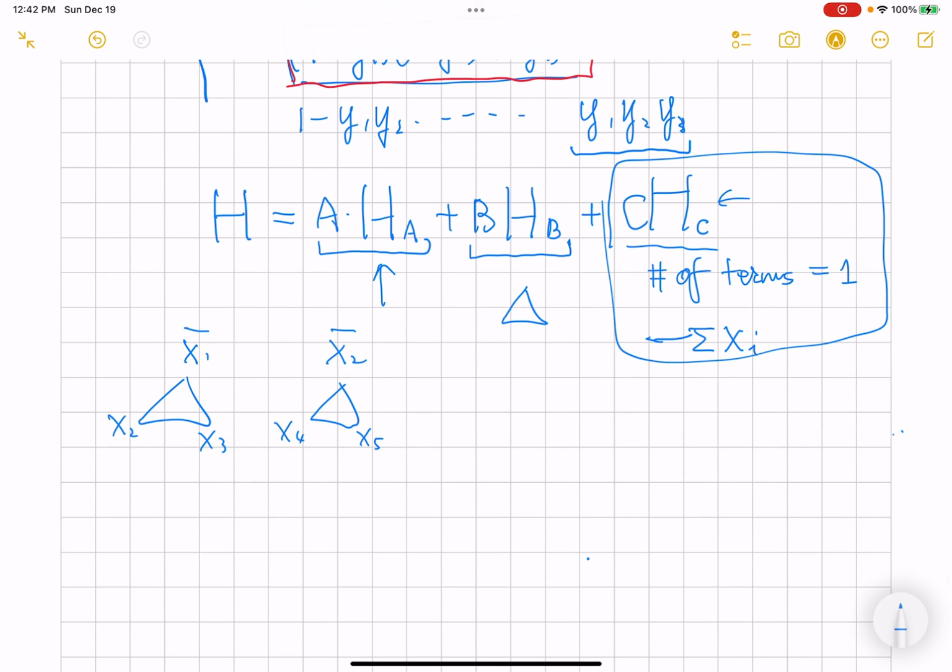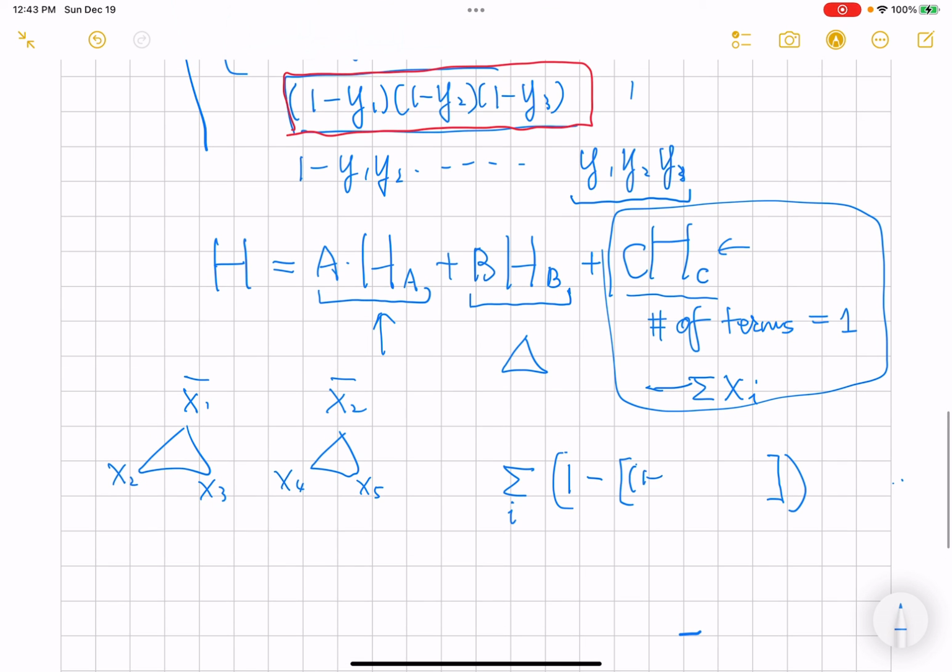So we want to minimize this term, 1 minus this thing, for all i. And this thing is 1 minus y_i1 times 1 minus y_i2 times 1 minus y_i3. So we have to minimize that term.